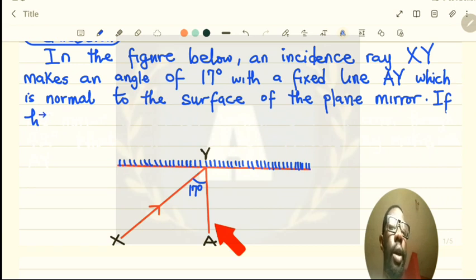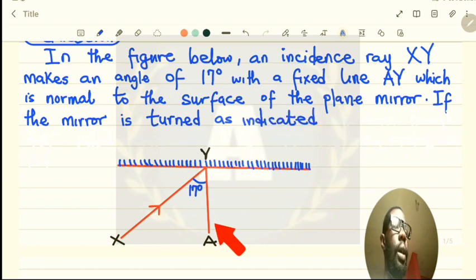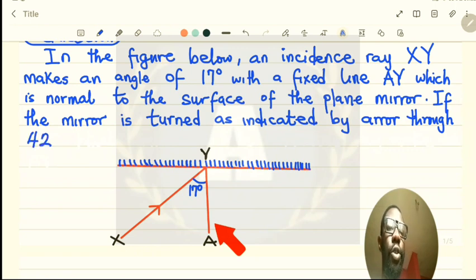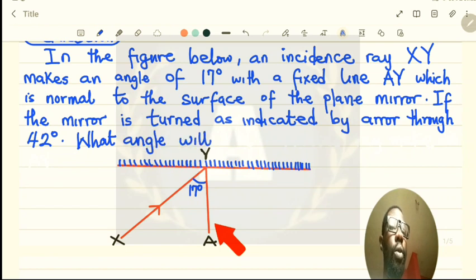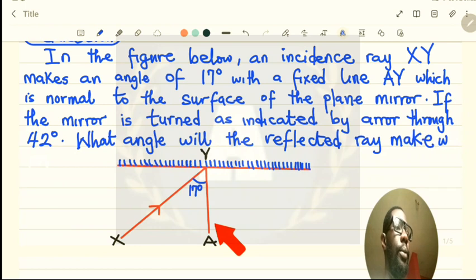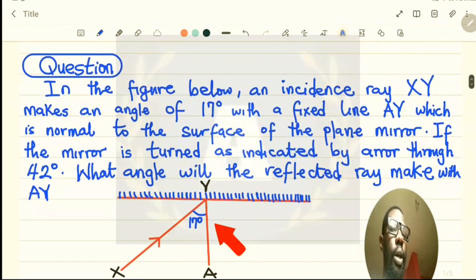If the mirror is turned as indicated by the arrow through 42 degrees, what angle will the reflected ray make with AY? Now let's get the question clearly.